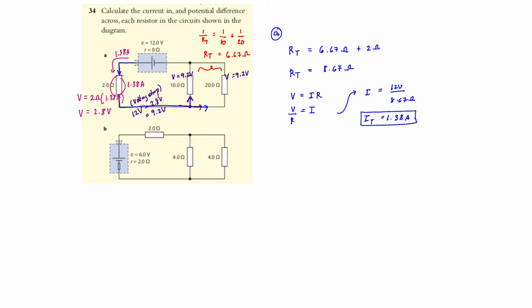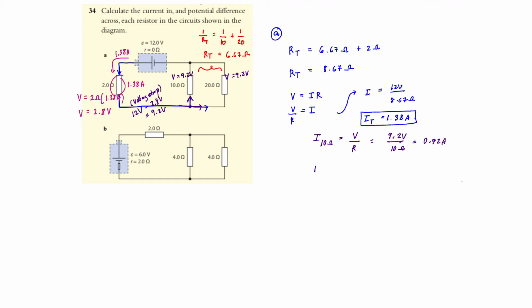The current at 10 ohms is voltage over R, and that is 9.2 divided by 10, so we have 0.92 amperes.